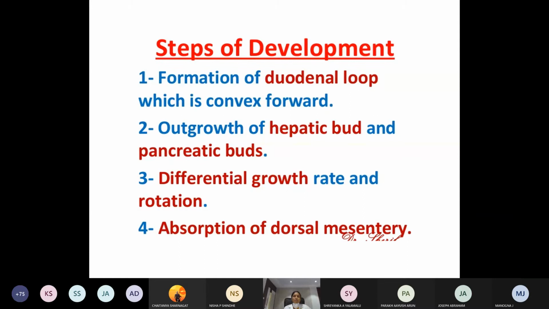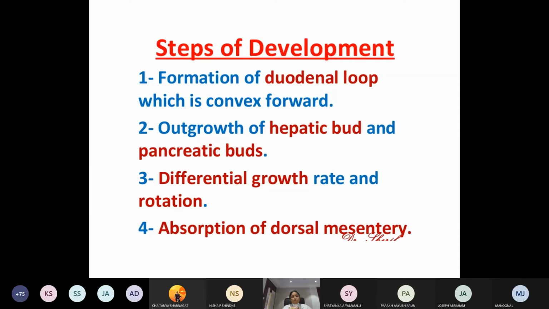What are the steps in development of the duodenum? First is formation of the duodenal loop, which is convex forward. Initially the duodenum will have a loop, just like the stomach, a C-shaped loop facing forward.